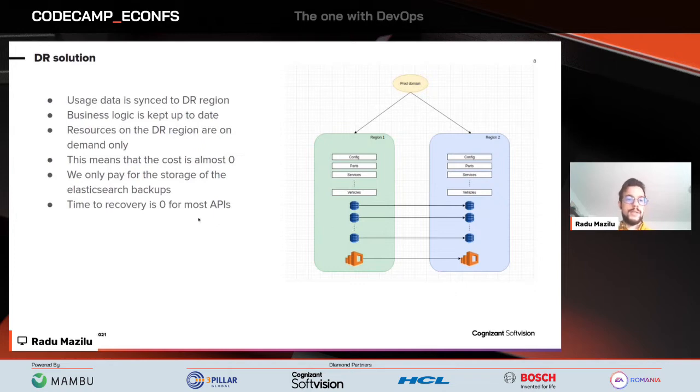Why the time to recovery is zero for most APIs, not all of them, is because we have a component that is a REST proxy to a Kafka cluster, and that component uses containers because it maintains active connections to the cluster.